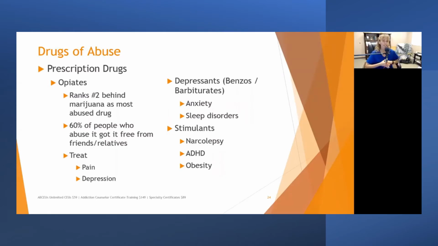And then stimulants are also sometimes prescribed for issues like narcolepsy, ADHD, and obesity. So there are legal uses for opiates, depressants, and stimulants. But all 3 of these classes of drugs are also very easily misused.